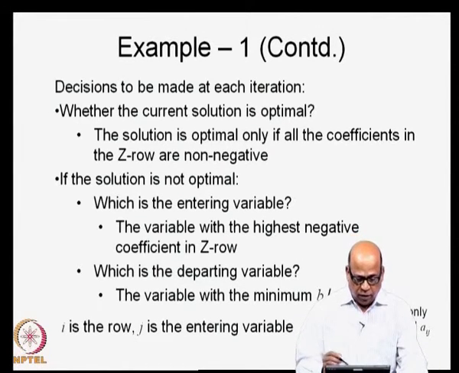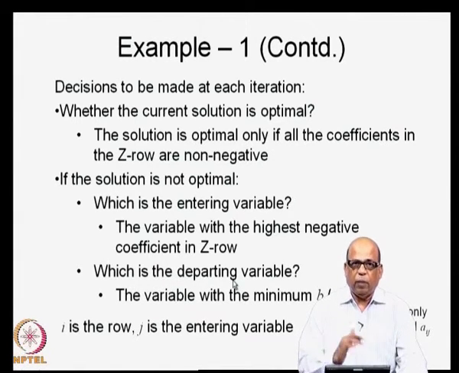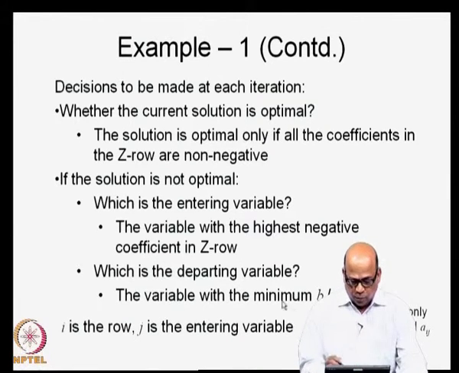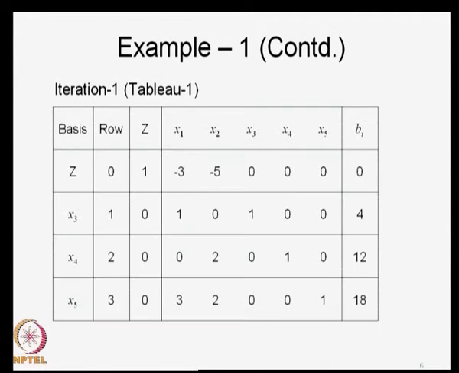Once we identify this, we have to see which is the departing variable. For the departing variable, we compute what are called the Bi by Aij values, but first let us start with the entering variable. I will explain how we identify the departing variable once we identify the entering variable. So, this is iteration number 1. This was the table that we formulated.